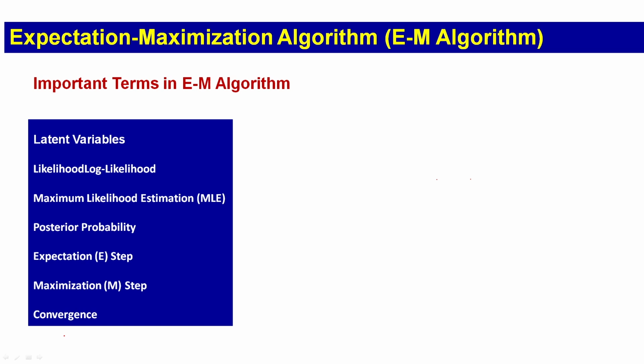So, first, let me just explain to you again, then we can get back to it. What you do is start with some initial values, then you have an expectation step.